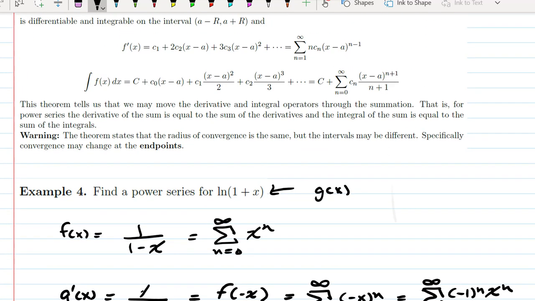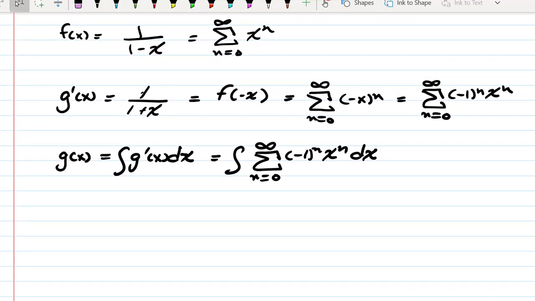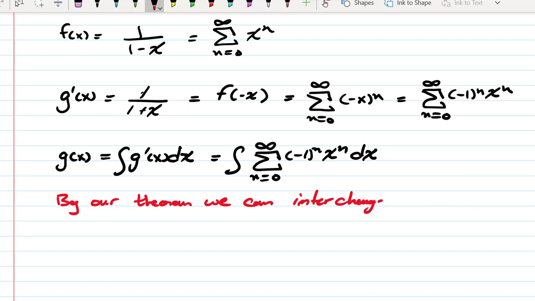dx. Our theorem says that we can interchange the integral and the summation sign. So by our theorem, we can interchange the sum and the integral.